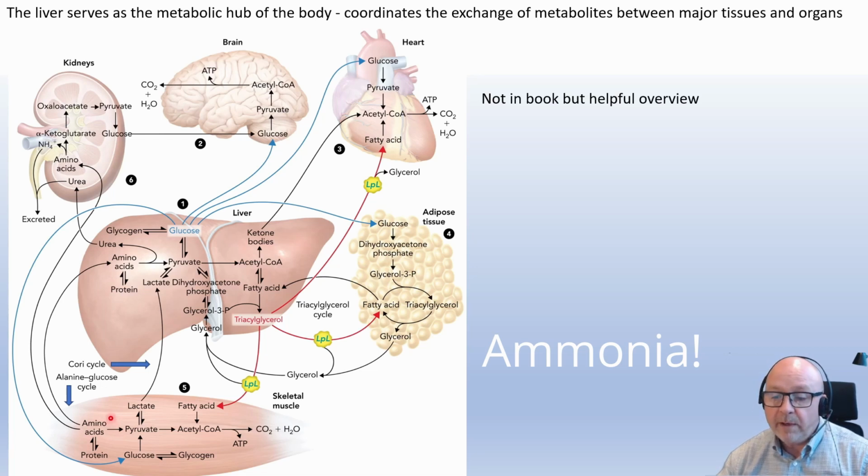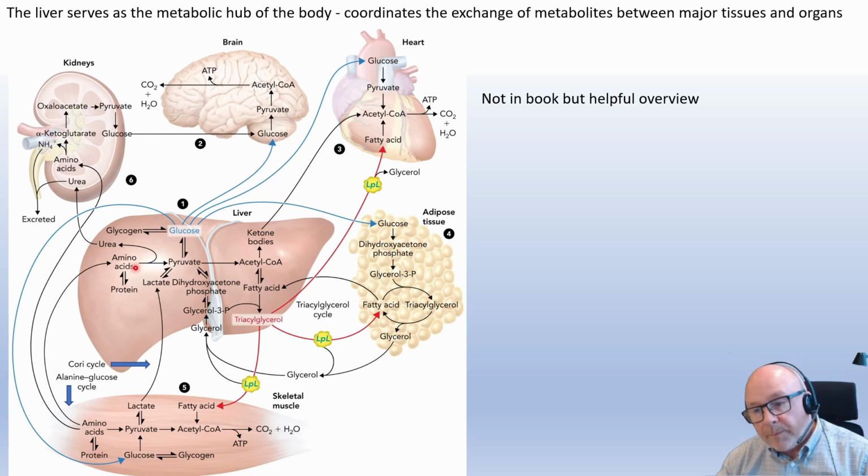And one of the ways to get rid of urea is to transport alanine to the liver, where it can be converted to pyruvate, and the ammonia can be removed from the amino acids and sent to the kidney. And then the alanine converted to pyruvate can be again converted to glucose in the liver and sent back to the tissue. And this is referred to as the alanine glucose cycle, and we'll have a look at that a little bit later on as well.